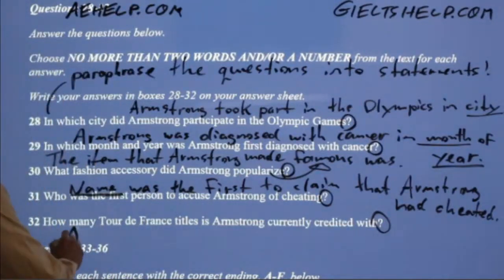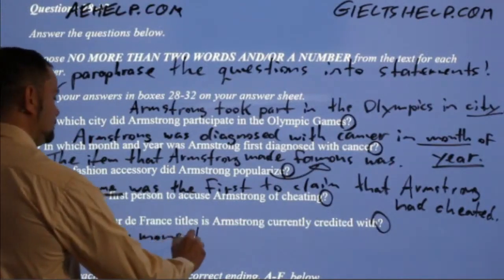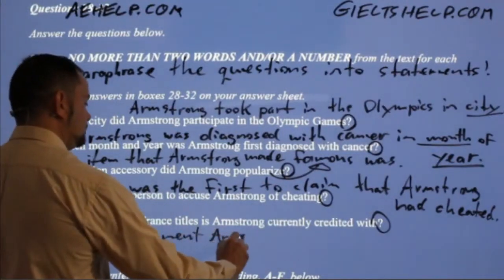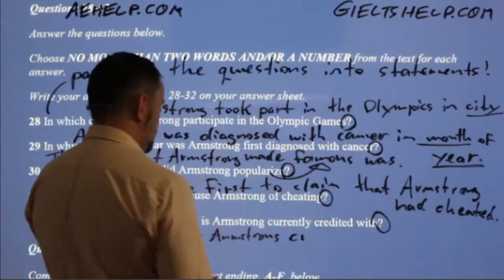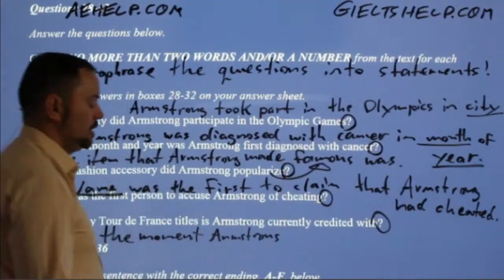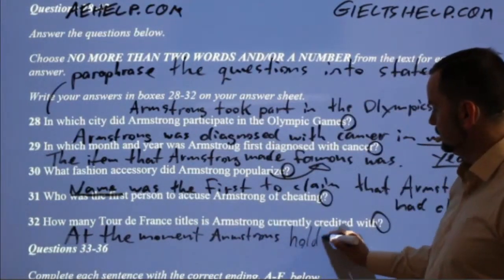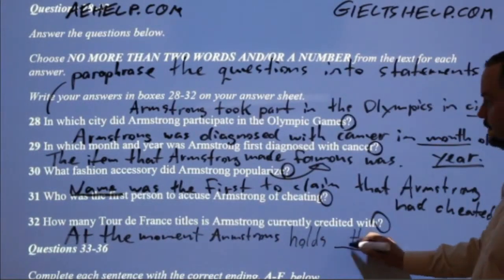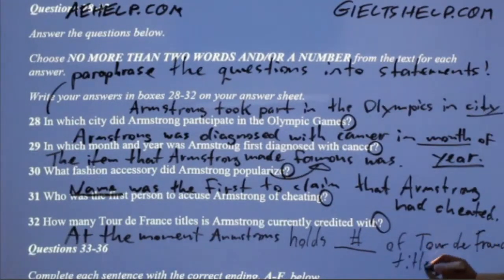At the moment, Armstrong currently, or Armstrong, I don't need currently because I said at the moment. So at the moment, Armstrong holds number of Tour de France titles or championships.